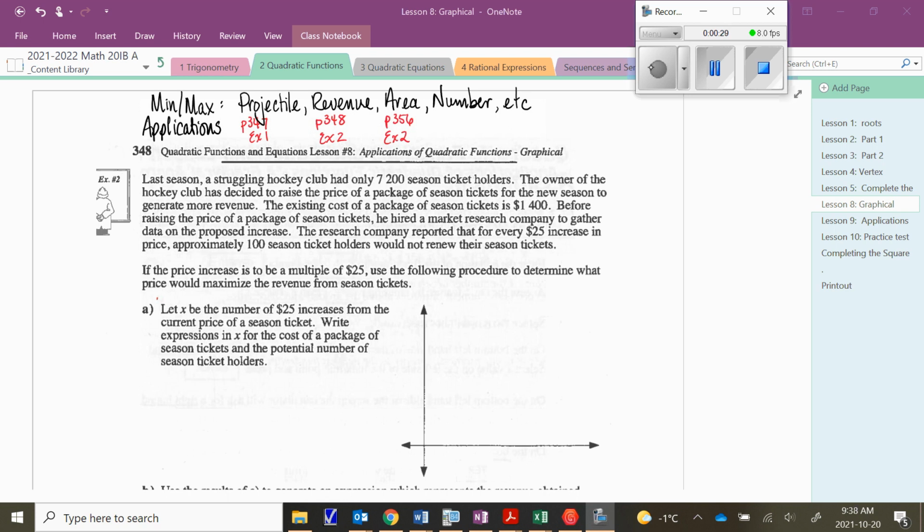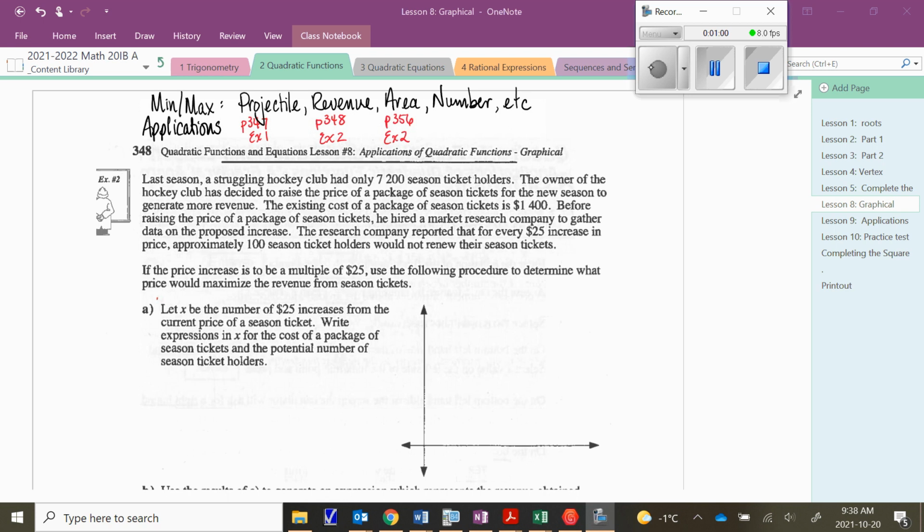So page 348, class example number 2. We have a hockey club that has 7,200 season ticket holders, and the current cost is $1,400. Our owner is looking to generate more revenue, maximizing his revenue, and a market research company indicates that for every $25 increase in price, we are going to lose 100 season ticket holders.